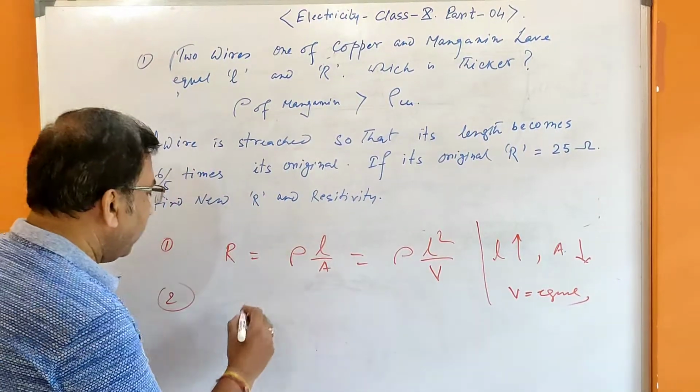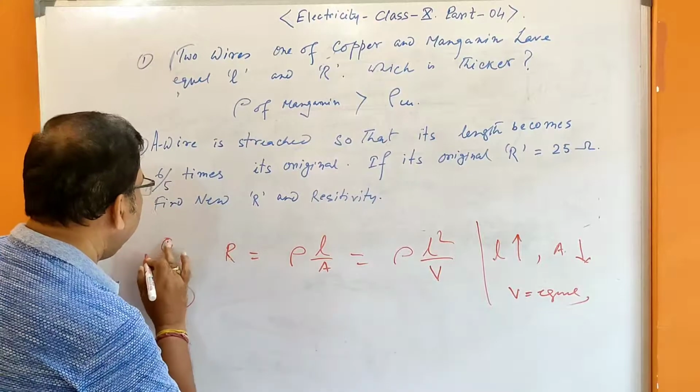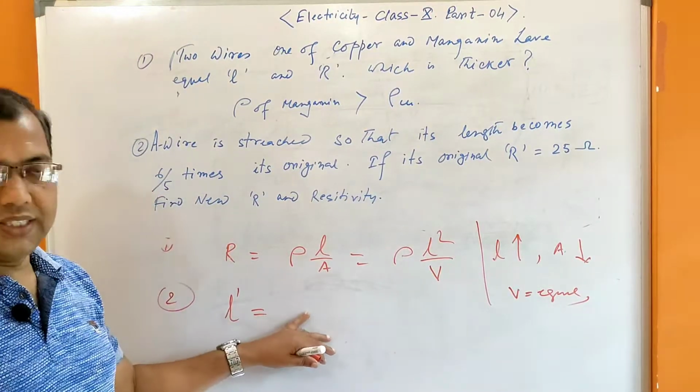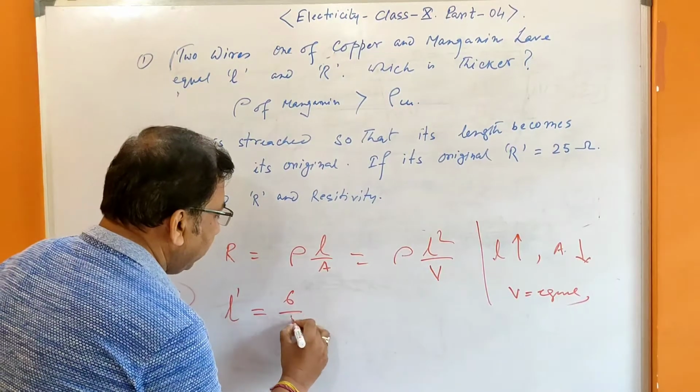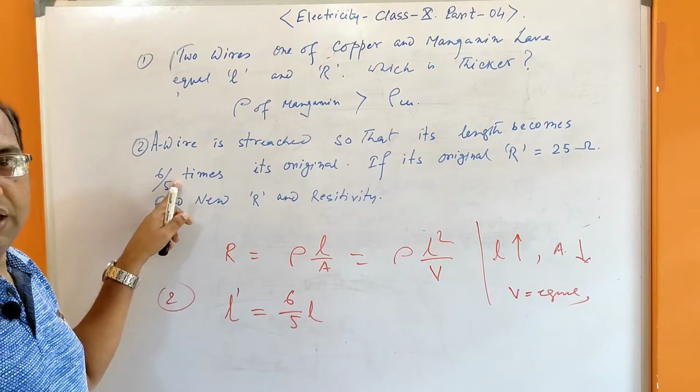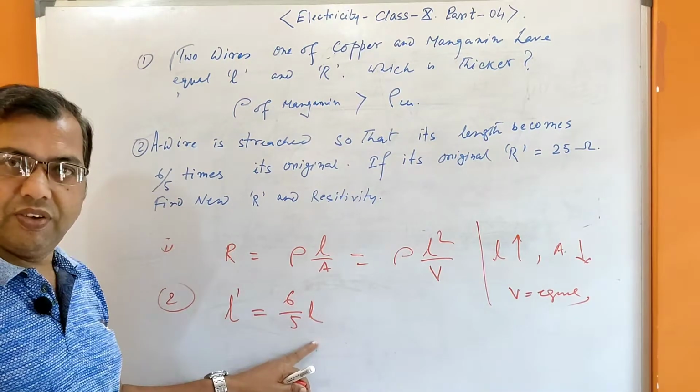So here we can write L dash equals 6 by 5 L, it is given.